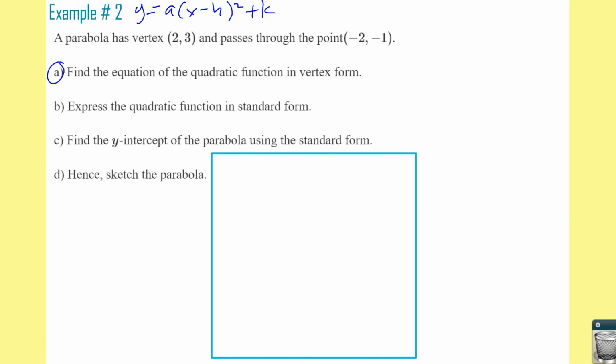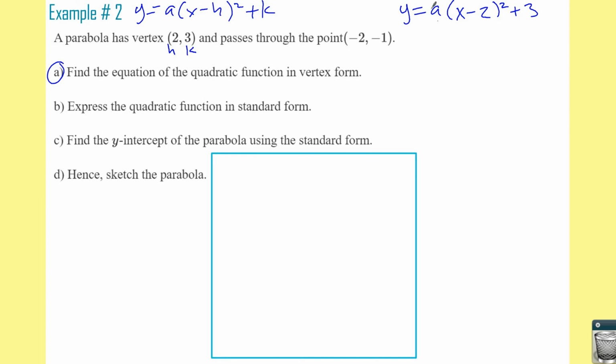Hopefully you have this memorized, because that's the transformation form for every type of equation. If you know a, h, and k, and you can name the transformations, you got everything. So here we put in the vertex, so that's our h and that's our k. So we get y equals a times x minus 2 squared plus 3.